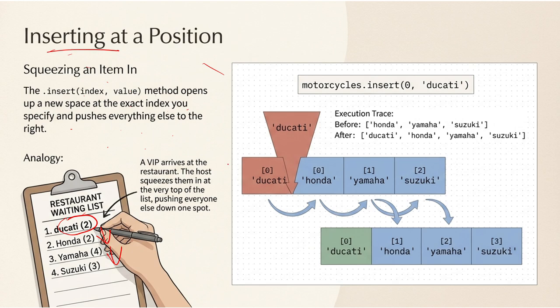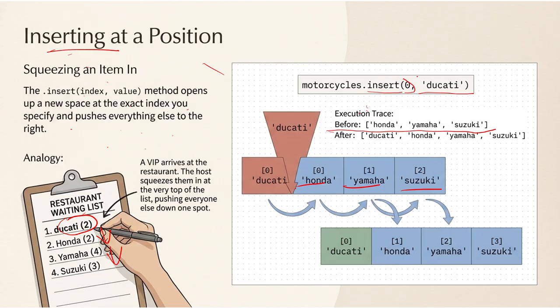So suppose you were earlier having Honda, Yamaha, and Suzuki, and you simply wrote motorcycles, which is your list, dot insert, which is the method, and it contains two parameters. Index is where you want to insert this value, so we put 0 at the very starting, and then the value of the item which you want to provide.